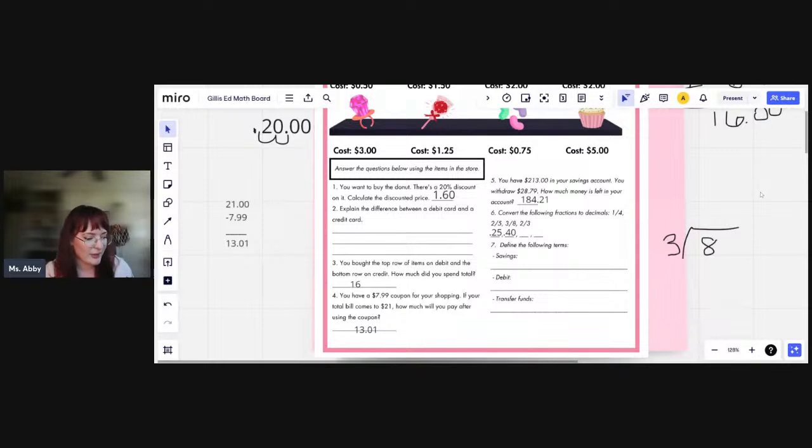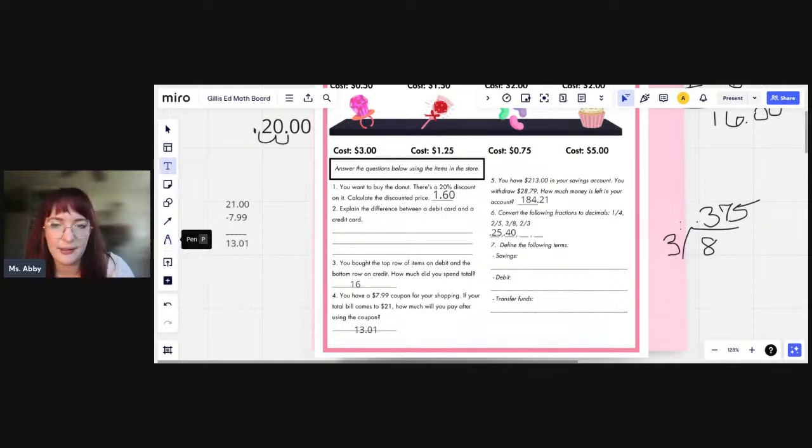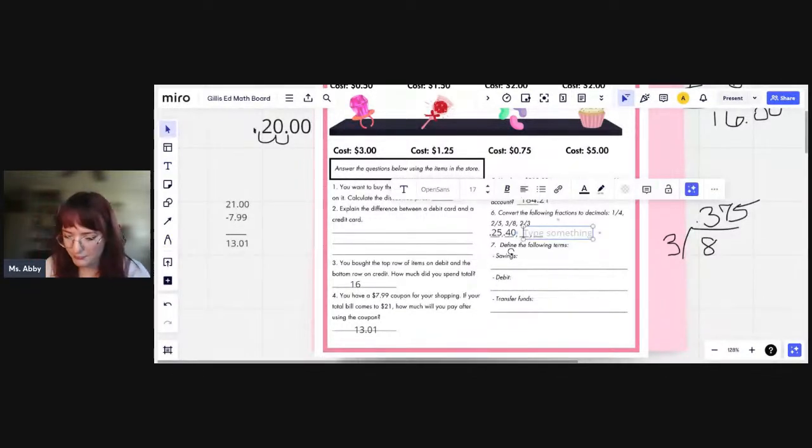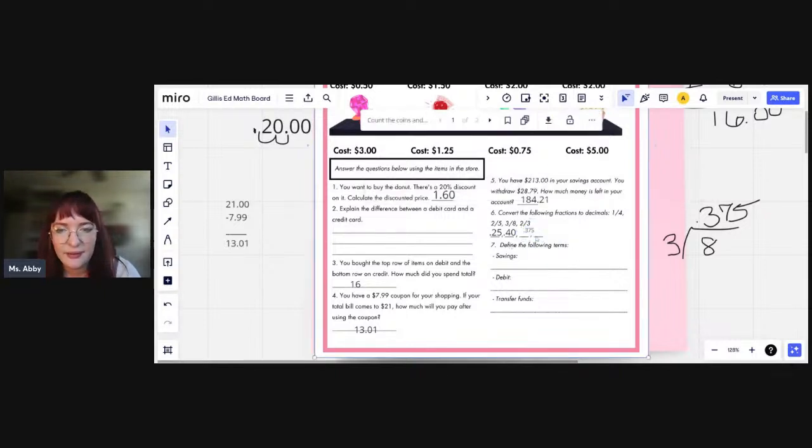So when you take 3 divided by 8, you are going to get 0.375. And that goes into the third blank right here, 0.375. And I'm going to have to make that a little bit smaller so it fits. There we go.